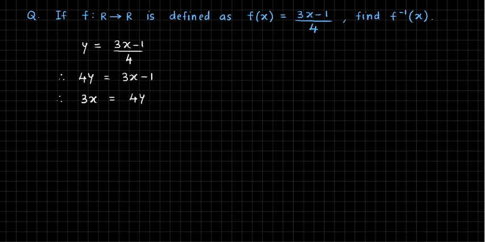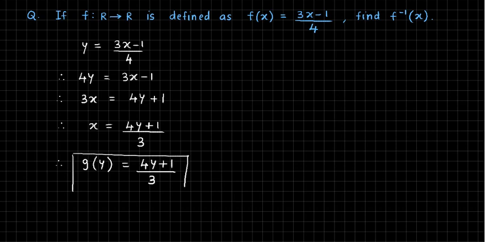so which gives us 3x is equal to 4y plus 1, and hence x is nothing but 4y plus 1 upon 3. Now let's call this particular quantity as some function of y, so therefore we call that as g of y given by 4y plus 1 whole upon 3, and hence this is nothing but the definition of the inverse.